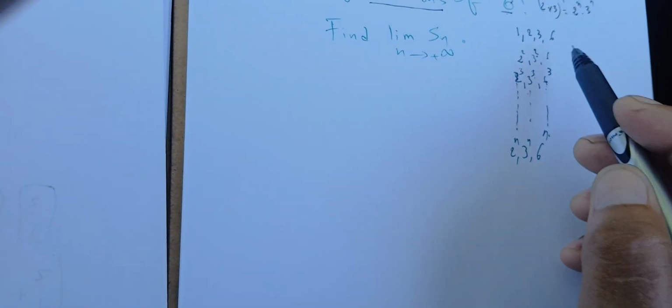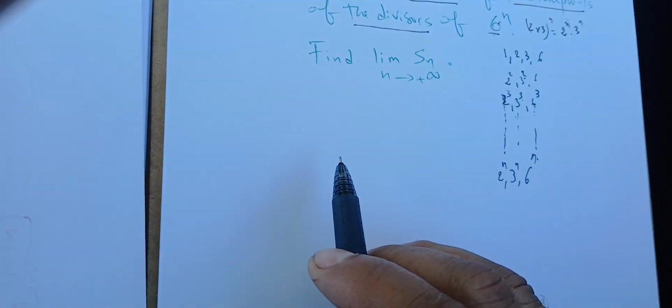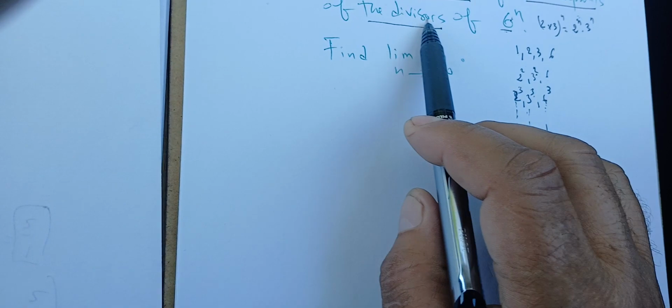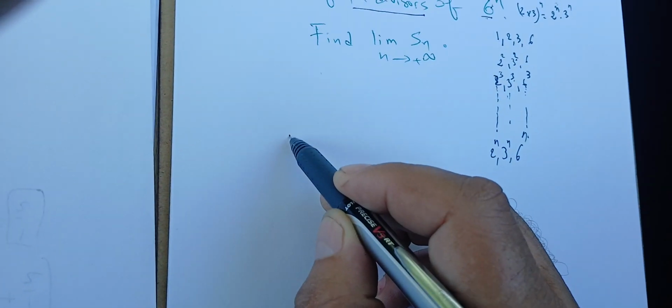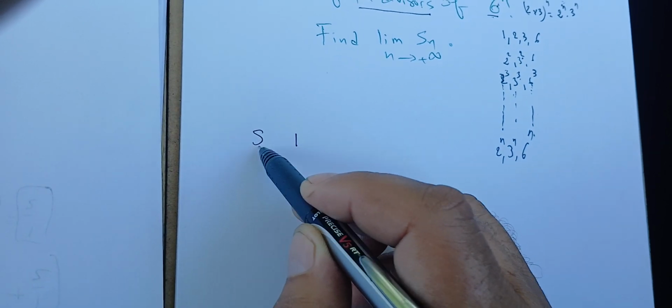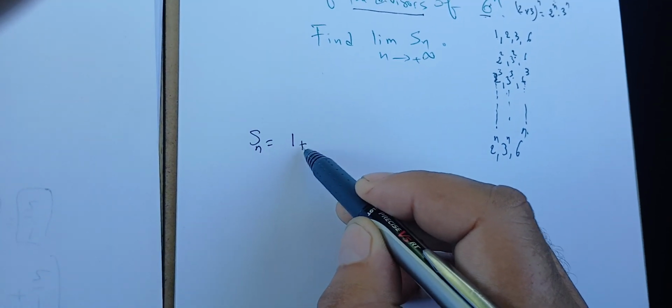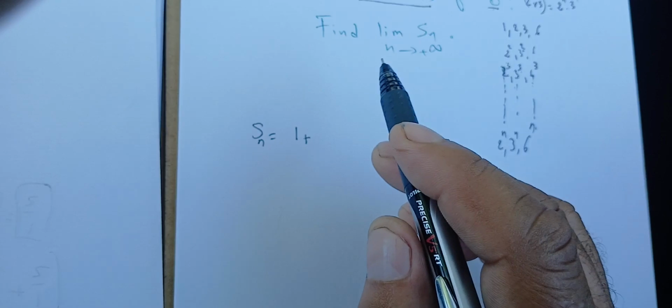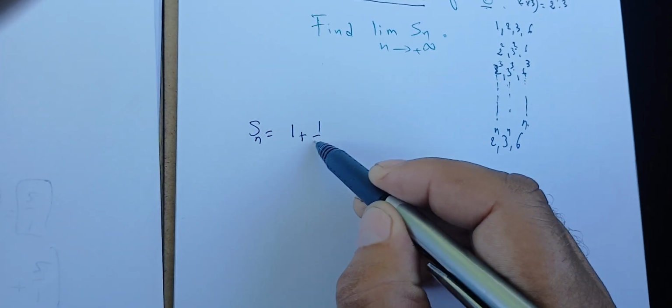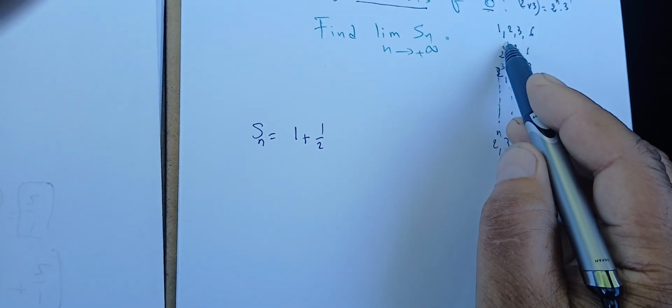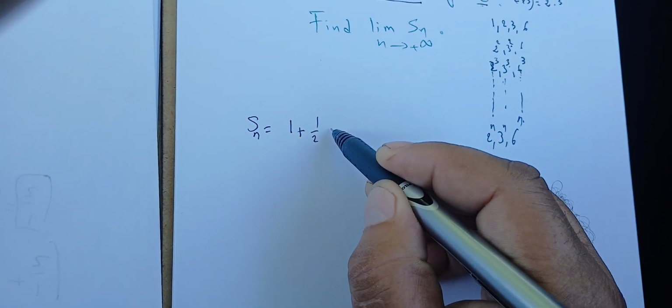Now we need these reciprocals, because S_n is the sum of the reciprocals of the divisors. So these are the divisors. The first one is 1, so S_n is going to be something like this: 1 plus, 1 over 1 is 1. For 2, we divide 1 over 2. We take all of these to find the reciprocals.